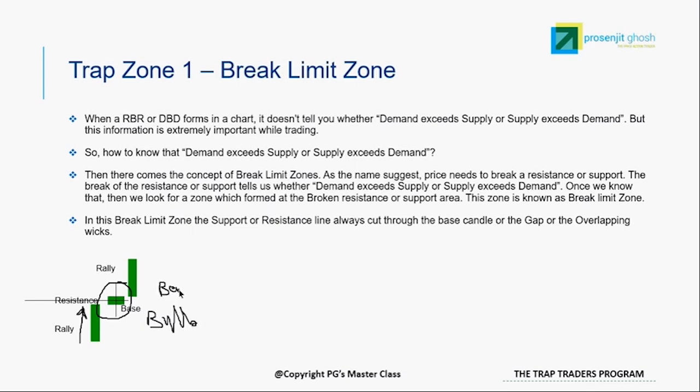They were fighting, and they both are not able to decide whether price is going to go down or go up. As I said before, whenever price moves, price creates decisions, and these are our decision points. All the base candles are our decision points.